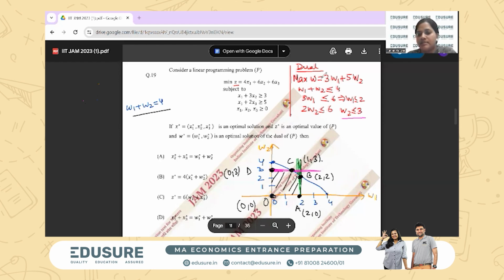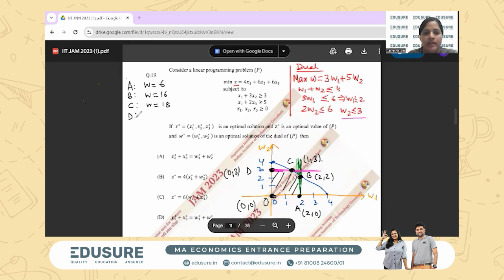Now we will see where the maximum value is going to occur. So we will check the value of W at each of these points. At the point A, 2, 0, my W is going to be 6. At the point B, 2, 2, my W is going to be 3 times 2, 6, plus 5 times 2, 10, which is 16. At the point C, that is 1, 3, it is going to be 3 plus 15, so it is going to be 18.